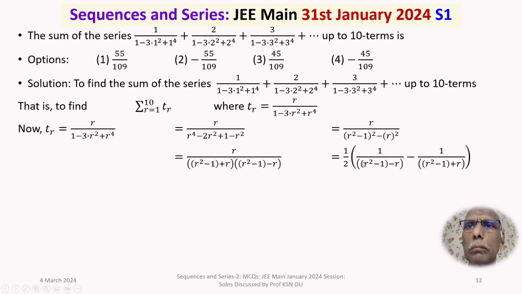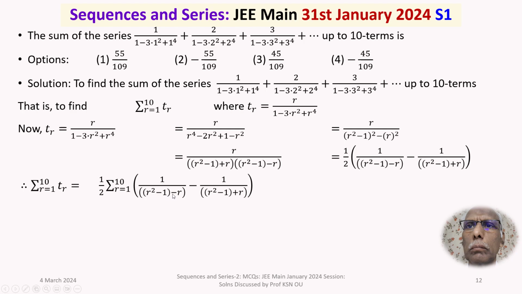If you take the LCM, you will get 2 by the product. So 1 by 2, 2 cancels. So this will be the sum of the partial fractions. Now when you write down the sum of T_r, r equal to 1 to 10, this will be a telescoping series. So what is the telescoping series?